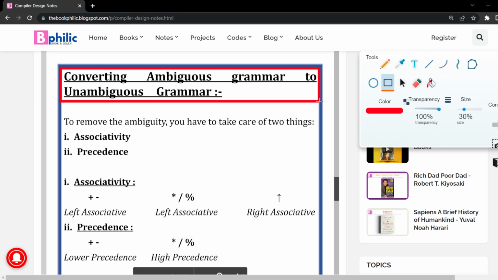In the same way, a parser will get confused in order to generate the parse tree, whether it should follow this path or that path to generate the same syntax. A parser is nothing but the syntax analyzer phase of a compiler design, and it has the function to derive the parse tree.